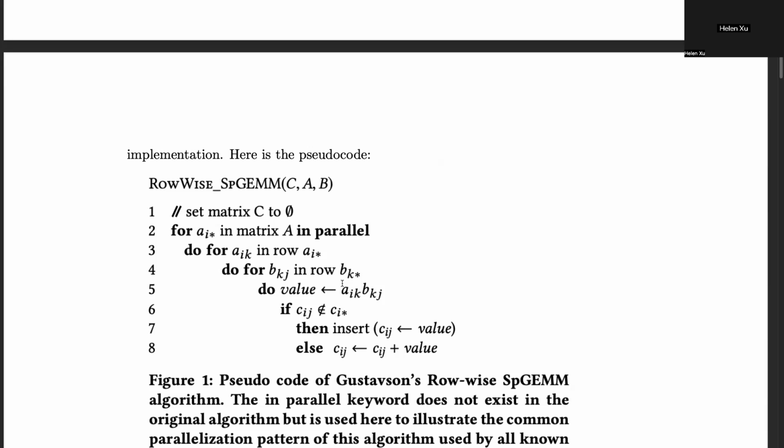So this is M by K, this is K by N, this is M by N. And then we need to compute this M over P times N submatrix of C.